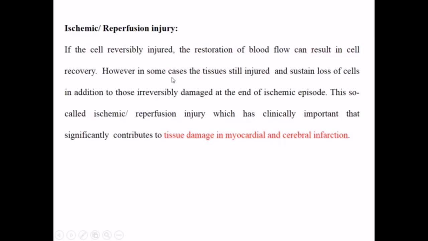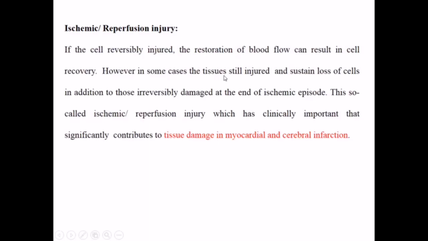If the cell is reversibly injured, the restoration of blood flow can result in cell recovery. If oxygen or blood is restored, with good blood supply and enough oxygen, this leads the cell to recover and return to its normal function and structure. This means reversible.